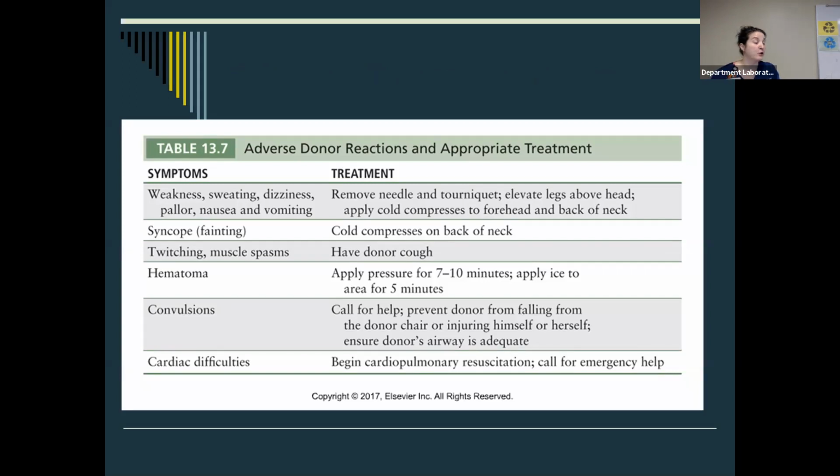If for some reason during the phlebotomy process, your patient develops weakness, sweating, they do pass out, nausea or vomiting, definitely want to stop the process, right? We don't want to take off any more blood. We want to keep our donor's health in mind. Convulsions or cardiac difficulties, those are the most serious adverse reactions during the phlebotomy process, and again, very rare.